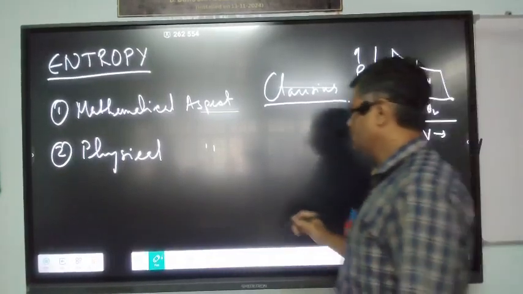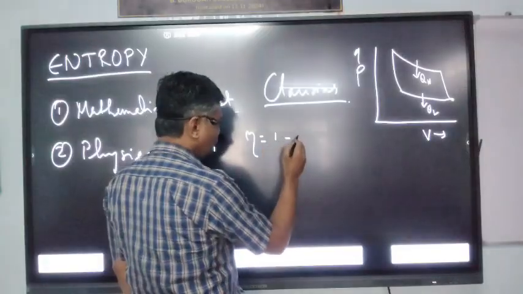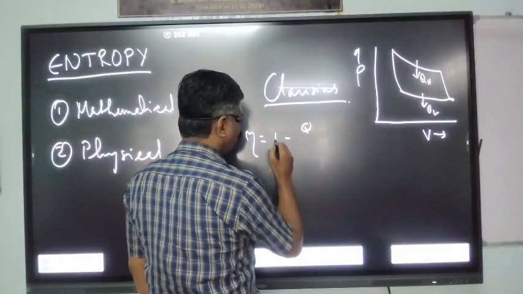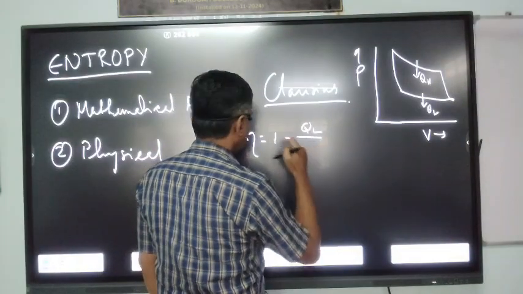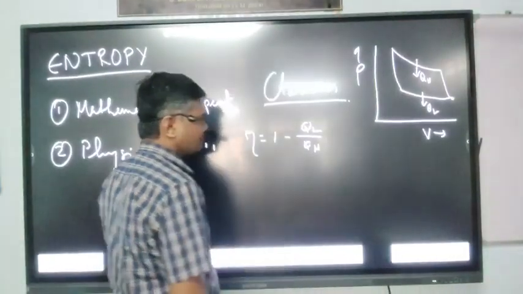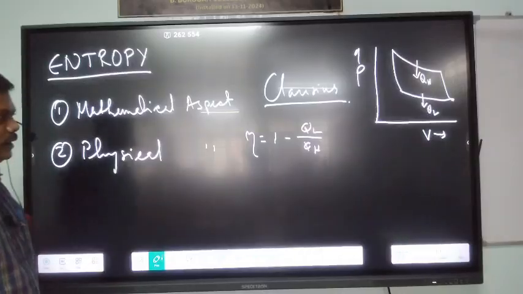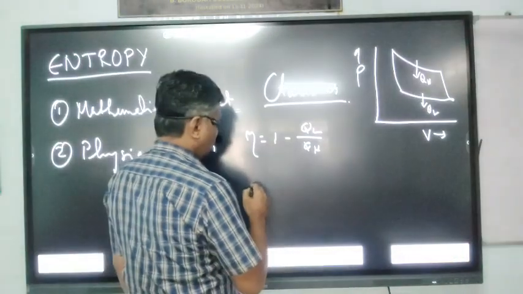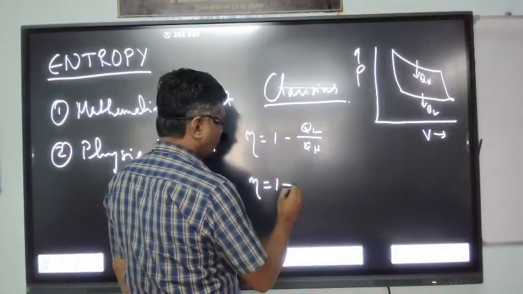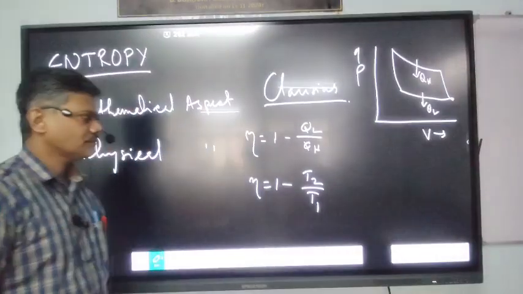And we have also seen the expression for efficiency, which was QL by QH, and in terms of temperature, it is TL by TH.